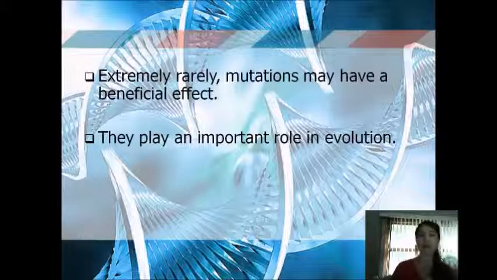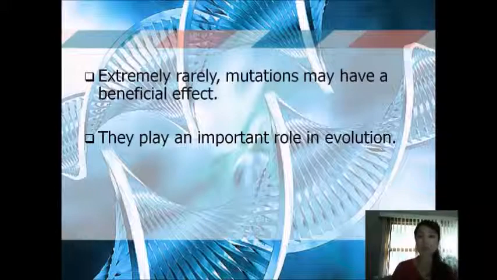And if that one mutation makes it so that it is capable of surviving better than the other butterflies, then that butterfly will go on to have offspring, and those offspring, if they have that mutation, then they may have developed an adaptation that makes them better able to survive in that rainforest.